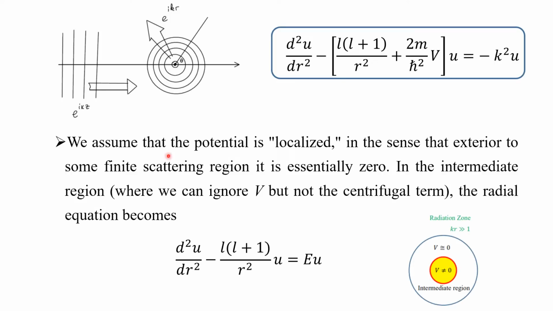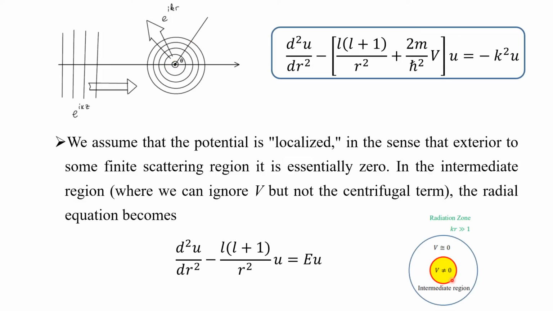Let us say this wave is traveling along the z direction. So the plane wave is e^(ikz), and this solid circle is the scatterer. This acts as a scattering center.